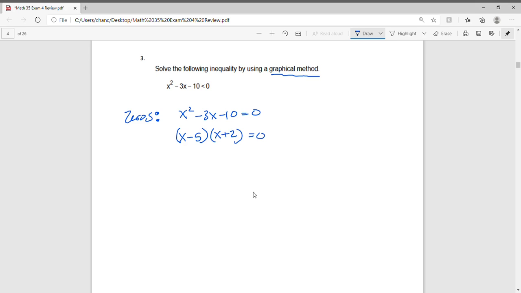Here we're using the diamond method with negative 10 on the top and negative 3 on the bottom. The two numbers that work are, of course, negative 5 and positive 2. The solutions are x equals 5 or x equals negative 2.